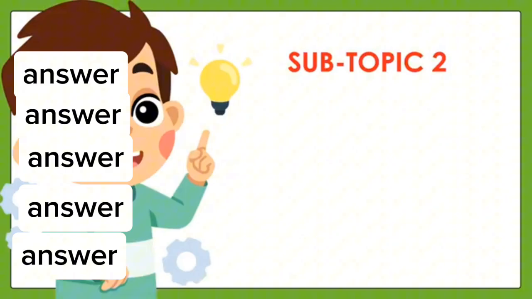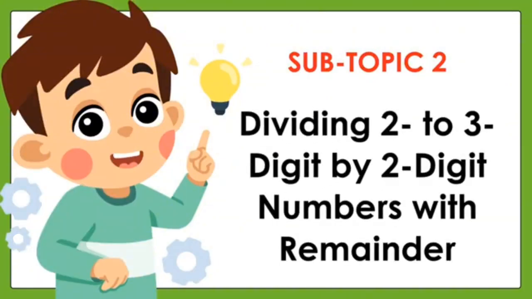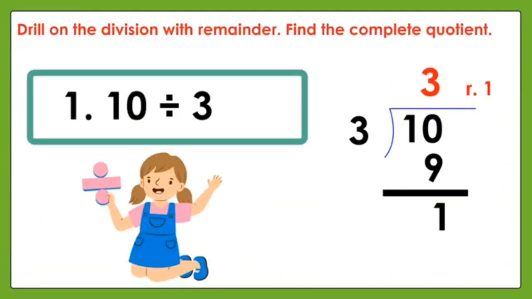Let's now go on with our second topic about dividing 2 to 3-digit by 2-digit numbers with remainder. Let's have a drill on the division with remainder. Find the complete quotient.